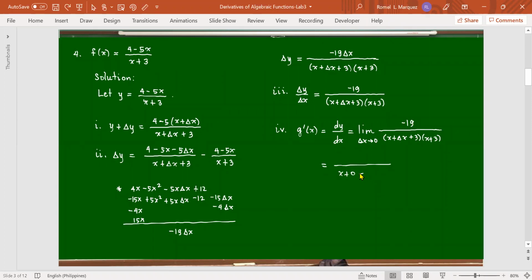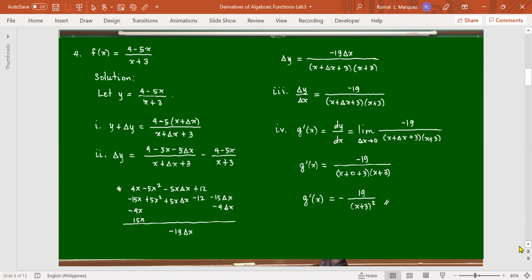Plus 3, multiplied by x plus 3, numerator negative 19. So that is g prime of x. Finally, g prime of x is negative 19 over, since the denominator has identical factors, (x plus 3) quantity squared. Any question with this, guys?